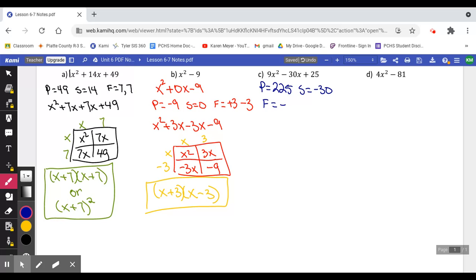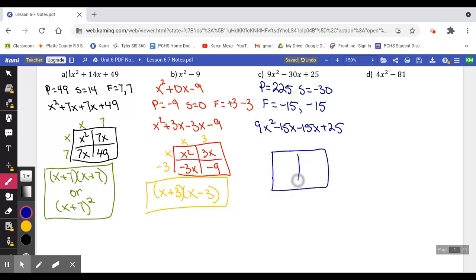And I need to use negative, negative. And then hopefully everybody says, oh, 15, 15. So negative 15 and negative 15. Expand the problem. So 9x squared minus 15x minus 15x plus 25. Put those terms inside your box.